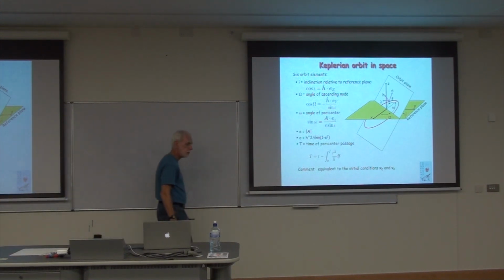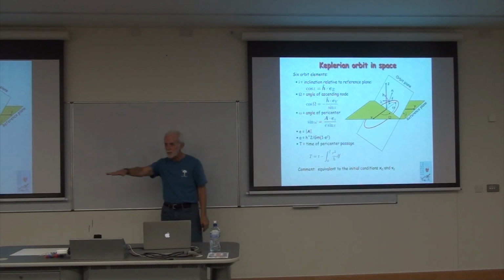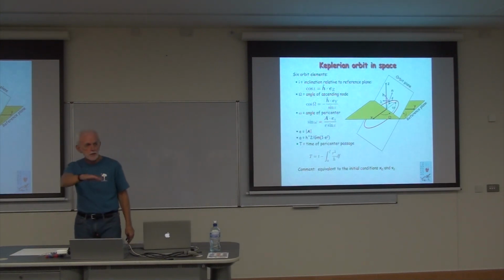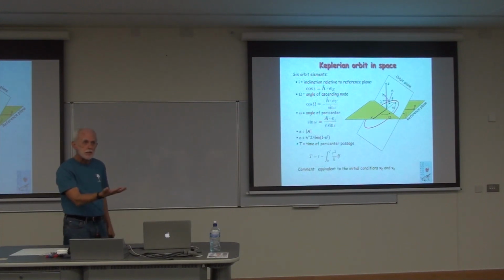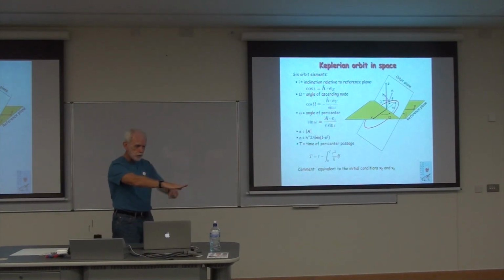Before, in the simple two-body problem, we always put the orbit on the xy plane because of spherical symmetry. The orientation of the orbit played no role, but now it might, because you might have your system orbiting like this, but being perturbed by a third body that's in an orbit that's not in the same plane. So clearly the orientation of this orbit relative to the third body matters.